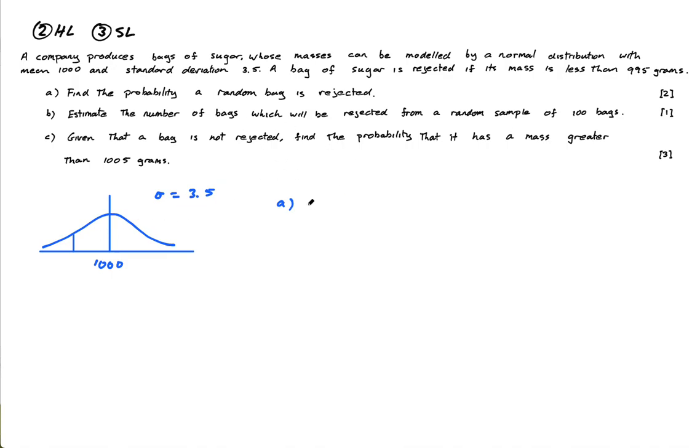Anyway, the probability, and you could call this x, just to help you write this, because this is the probability that x is less than 995 is equal to.